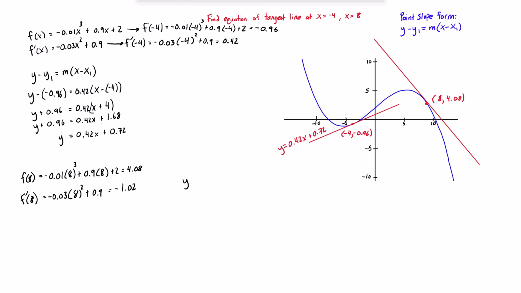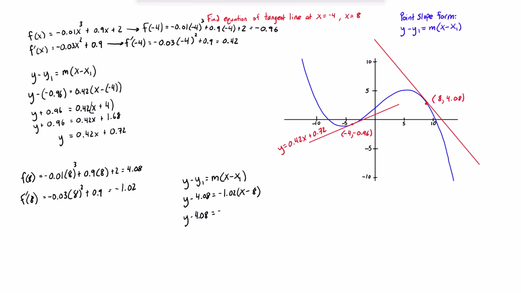So let's throw up our point-slope form equation again and fill in the values that we have. y is going to stay there. y1 is the actual y value at this point, so it's going to be minus 4.08. And this is equal to m, which is negative 1.02, times x minus x1, which is the actual coordinate there, which is going to be 8.